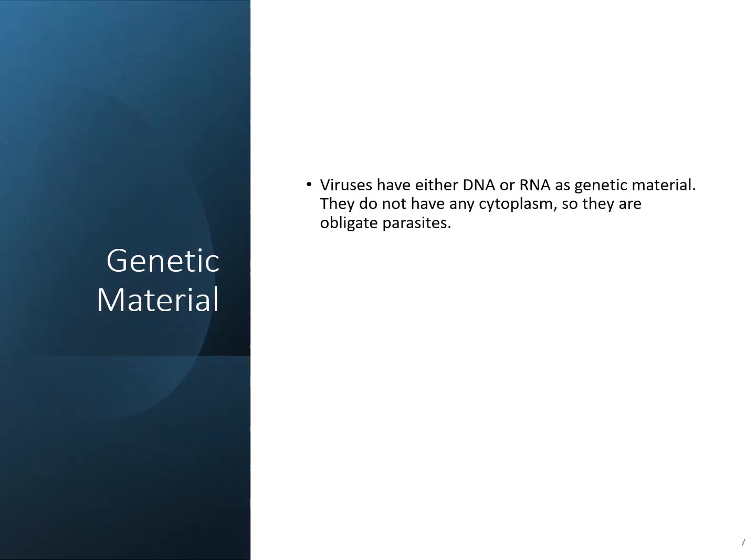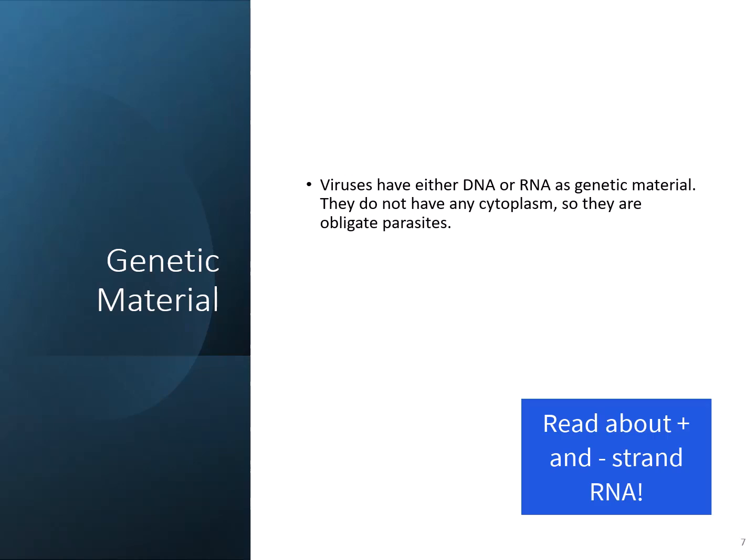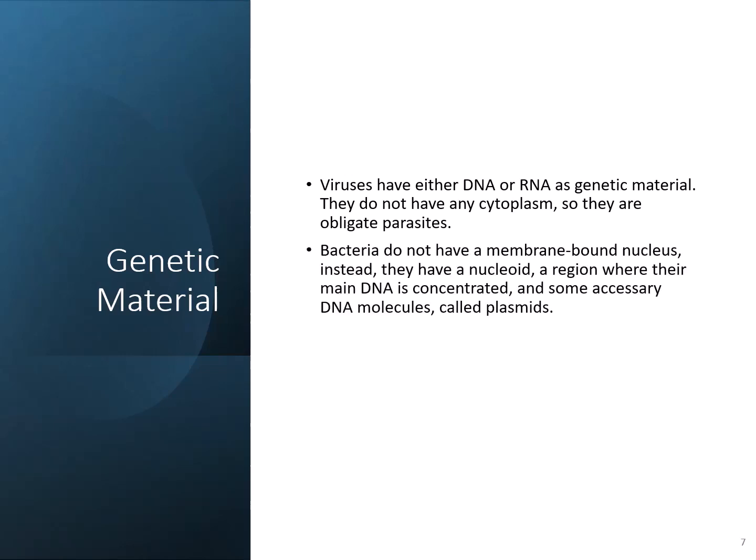I've already talked about the genetic material. The viral genetic material, we'll talk about in more detail in the upcoming lectures. It can be either DNA or RNA. So you might come across certain questions. For example, I might ask you, what if you have an RNA virus?